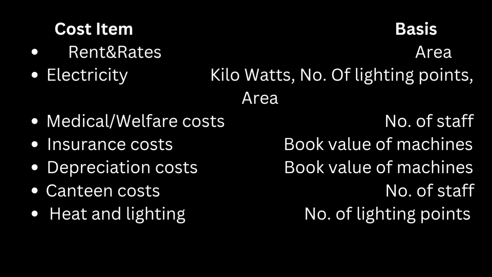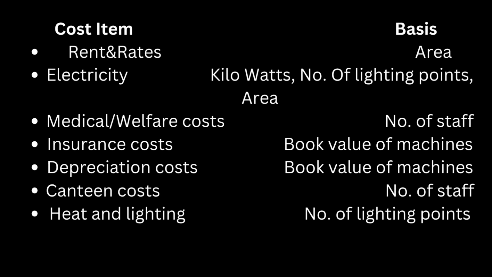Then our second cost item can be electricity. Electricity we can apportion based on kilowatts, number of lighting points, or area. Then our third cost item can be medical costs or welfare costs. These can be apportioned based on the number of staff in an organization. Then our other cost item can be insurance costs.